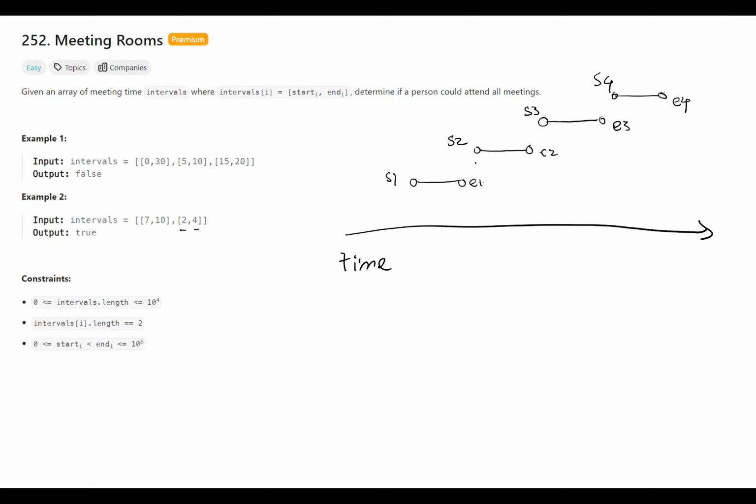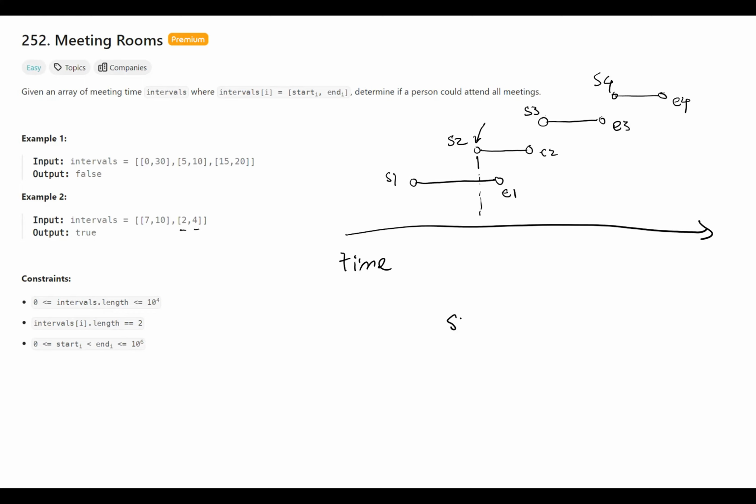Okay, so whenever I'm checking, this start time can never be smaller than another end time, right? So this has to be greater than. If it was smaller than the other end time, say if it was like this, in that case, it would have coincided with the previous meeting. So this is the case.